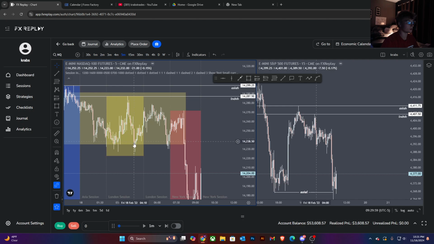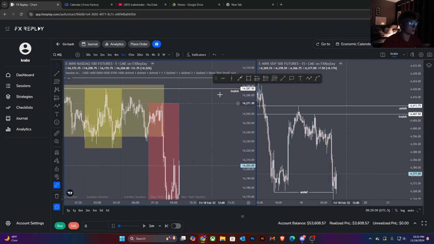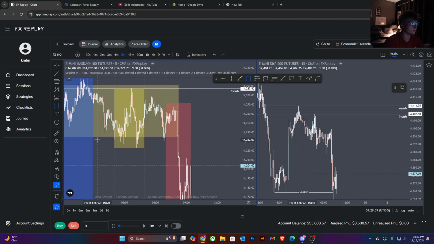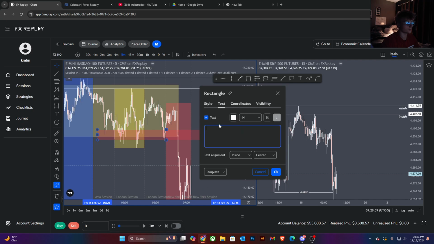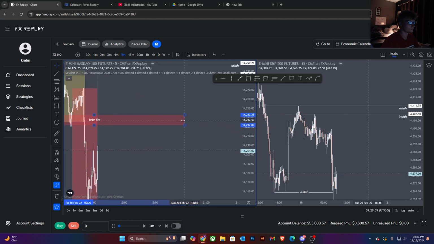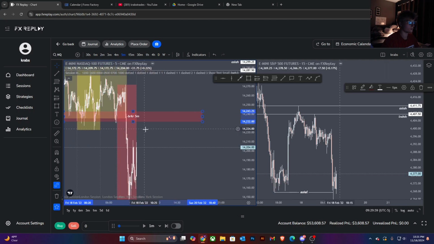High, low, high, low, high, lower, low, high, low, high, lower, low, breaker, key level. Mark this up. Kind of key level there.